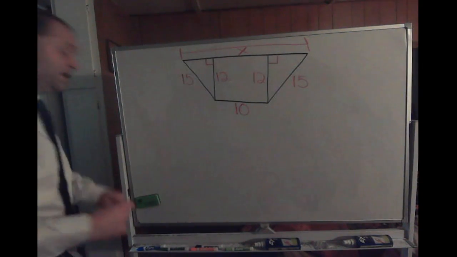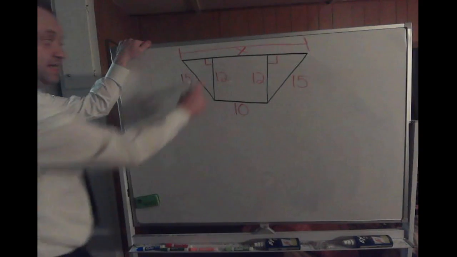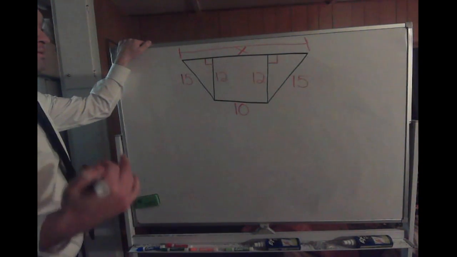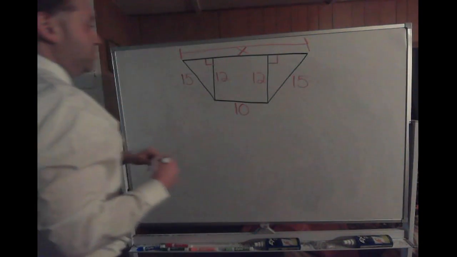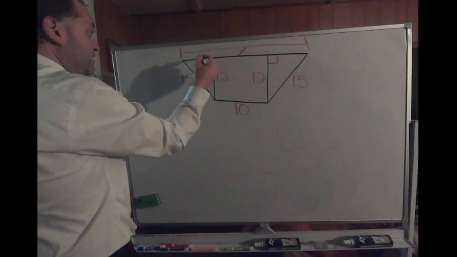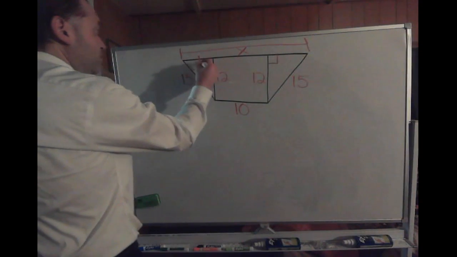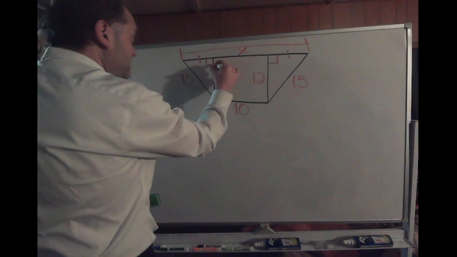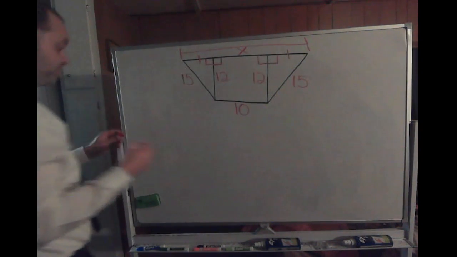Of course, we have to solve for x. We can already spot that these two right triangles are congruent to each other because of the HL theorem. So that means this leg up here would have to be congruent to this leg here, okay? And by extension, these angles would be right angles.